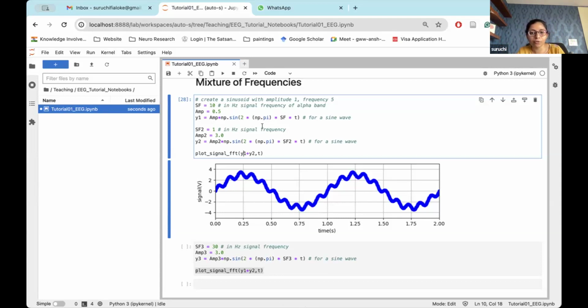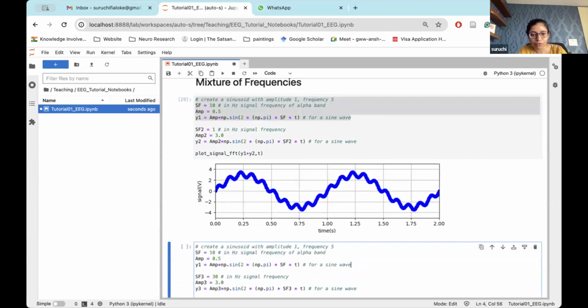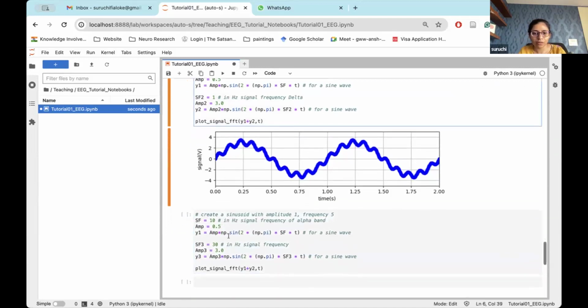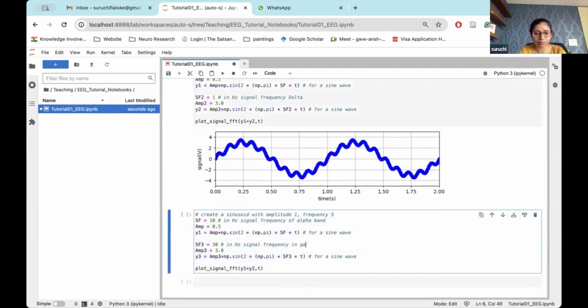Okay, so let me show you one more example, and then obviously you can take some time with it and play around. I'll share the notebook. So this was alpha and this was delta. And then similarly, you could do alpha and then gamma. Alpha was 10 hertz, this is around 30, let's say, and the amplitude would be even smaller. 0.1.